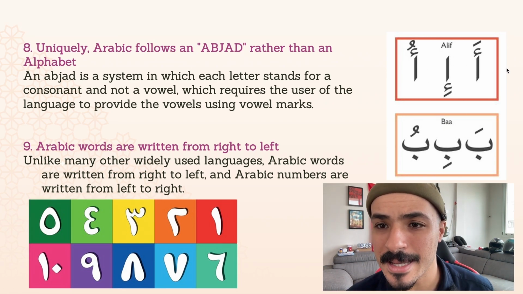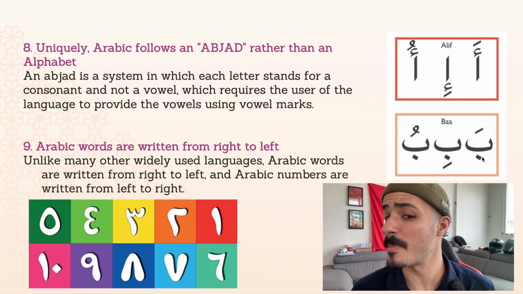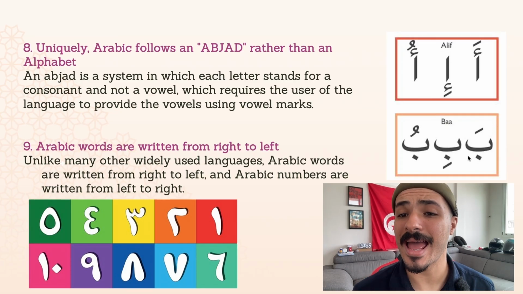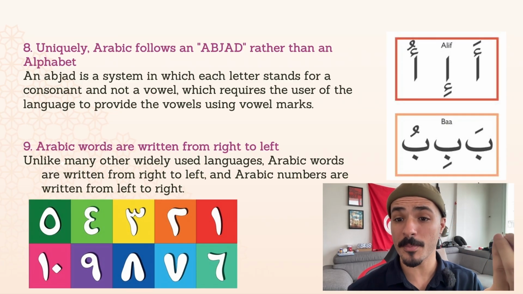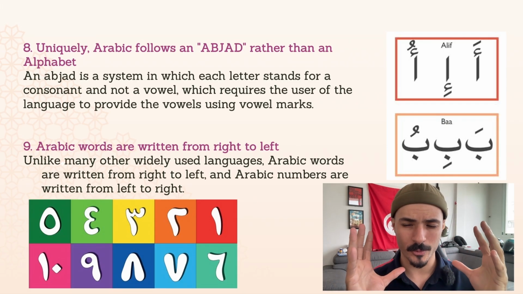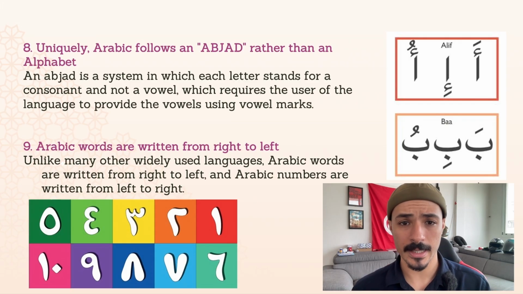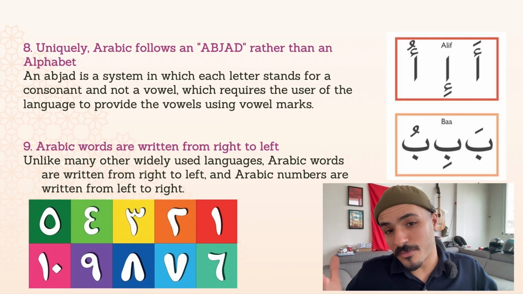Here you can see an example. This is the letter A, or A, E, or A, U. Here is the letter B, and here Bi, and here Bu, depending on the type of the vowel and the position of the vowel. Of course, we will study this more and deeply later, inshallah. Arabic words are written from right to left.